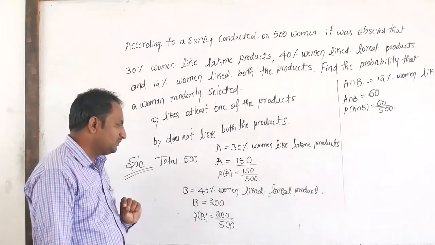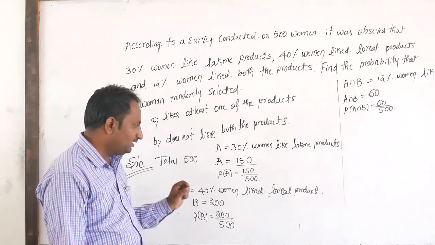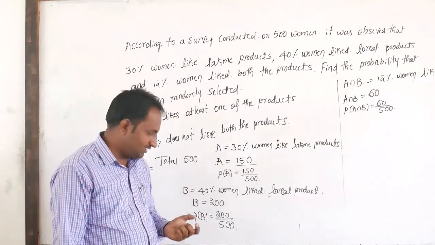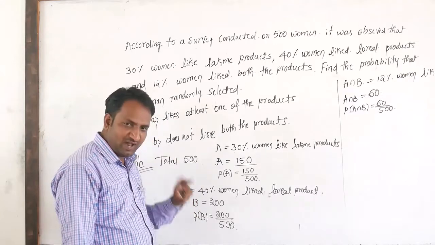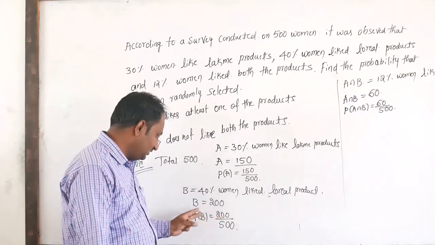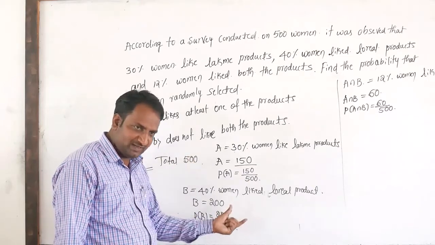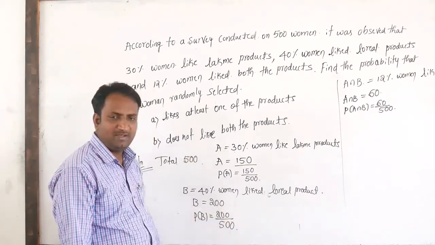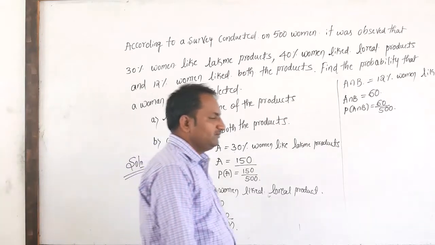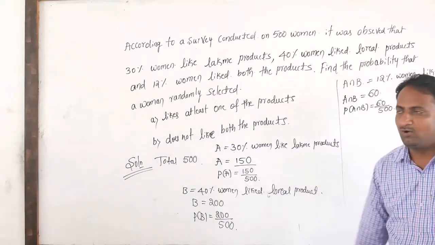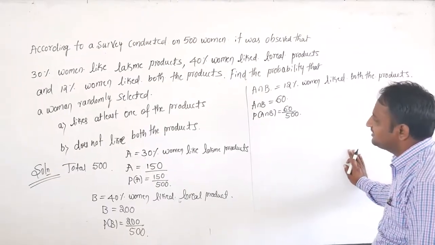Then 40% of women like L'Oreal products. 40% of 500 is 200, so the probability of B is 200 divided by 500.